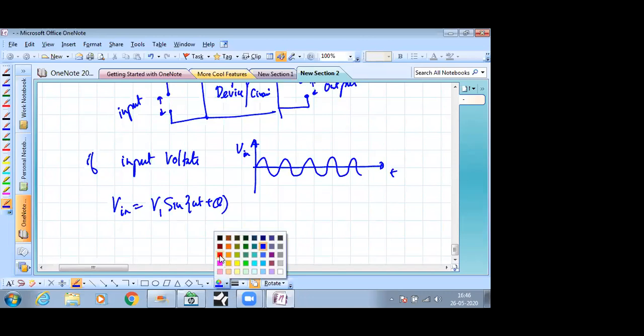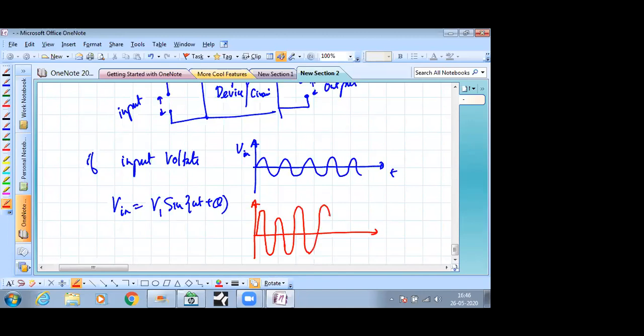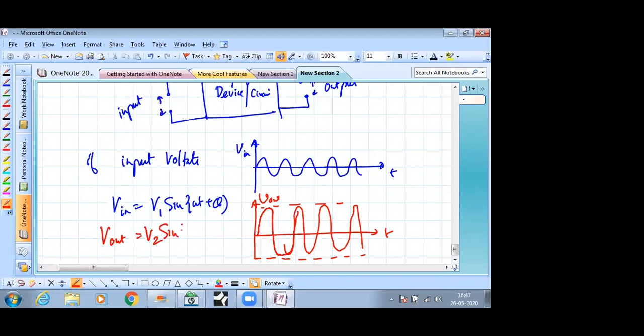So what will happen is that it will give the output on the other side as something having much larger amplitude. This one has an amplitude V2, let's say, but it will have the same frequency.